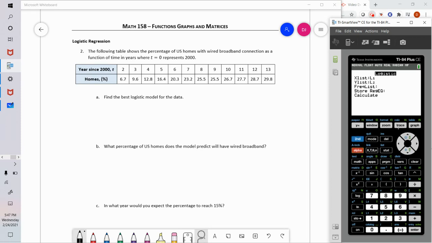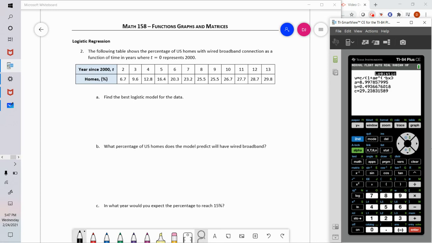And yep, let's go ahead and store that regression equation into Y1. Remember that to store that regression equation is alpha F4, number 1. And then we're going to calculate. And it takes a minute. Okay, now the calculator gives the results a little bit differently than in the previous problem.